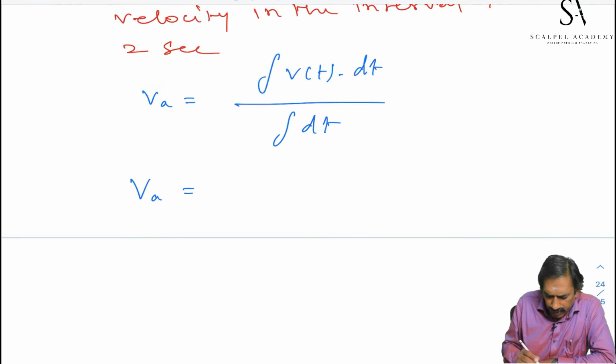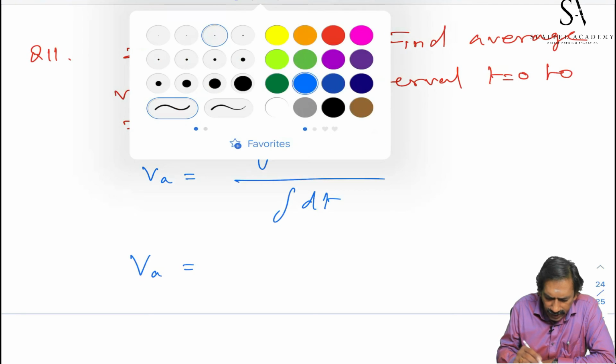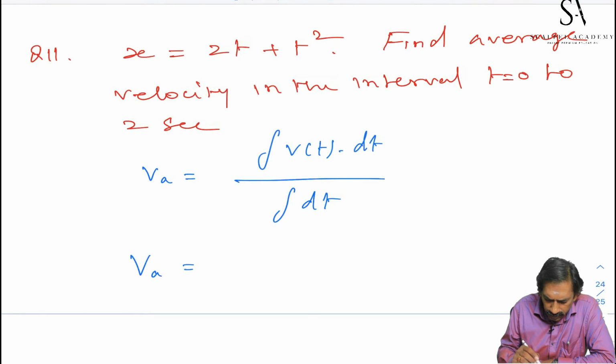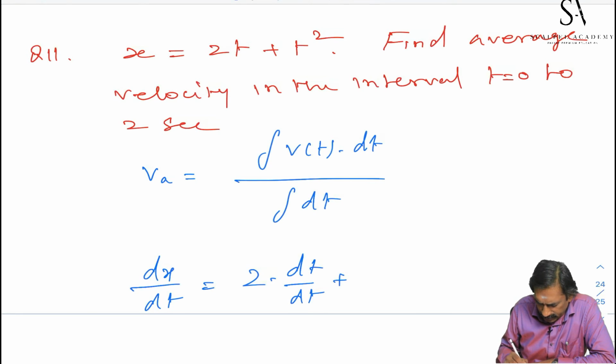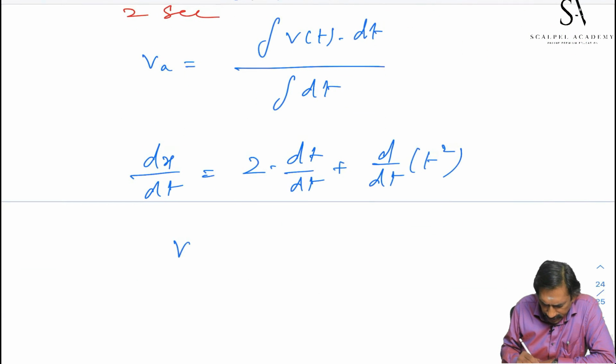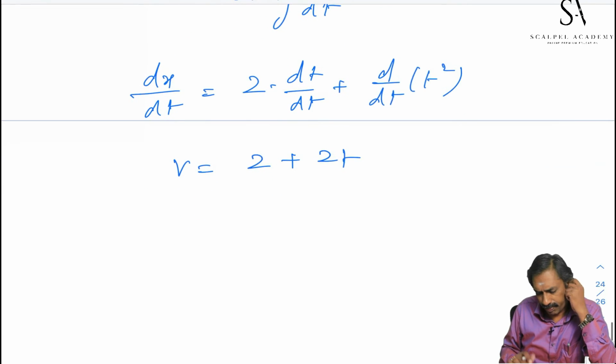Here displacement is given. Shall we calculate velocity from the displacement? So, dx by dt is equal to 2 into dt by dt plus d by dt of t square. So, velocity is equal to 2 plus 2t. This is the velocity as a function of time.